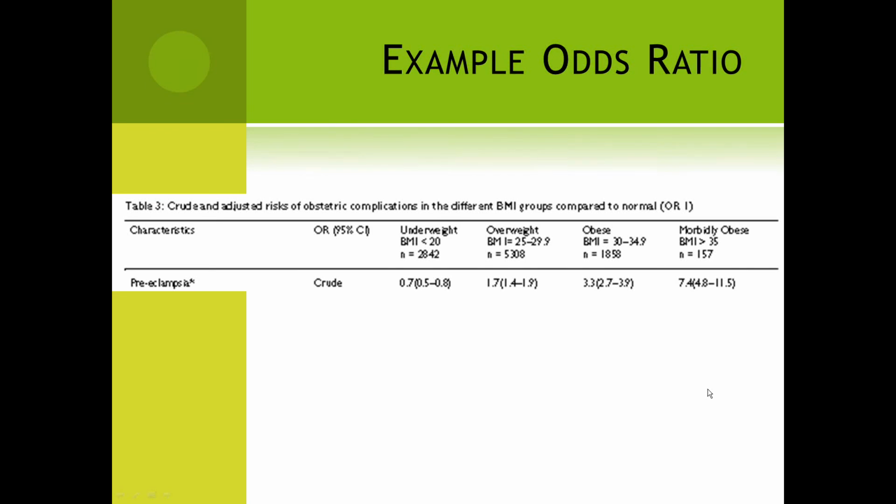So these results are again presented in a table this time, which you often see. We have crude and adjusted risks of obstetric complications. Again, we're just looking here at the preeclampsia for women in the different BMI groups.